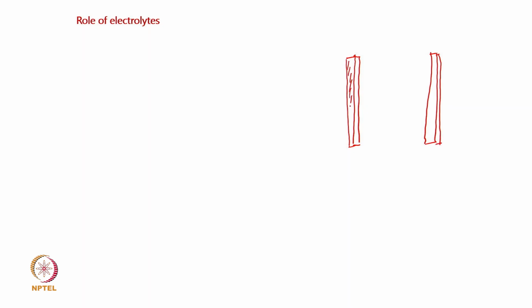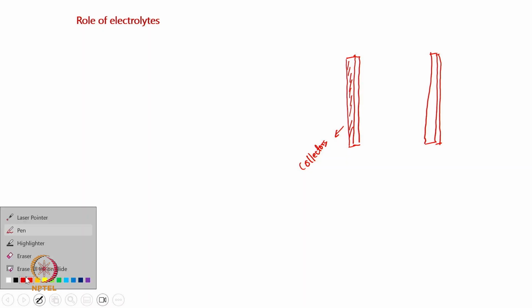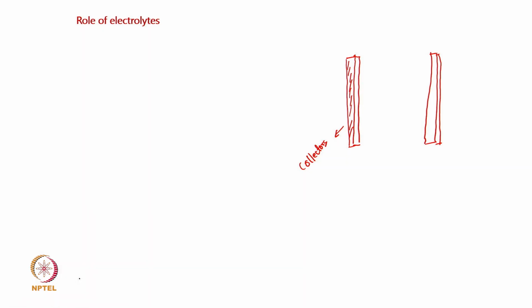These are the current collectors, and then we have a separator here, and then we have one particular charge here.